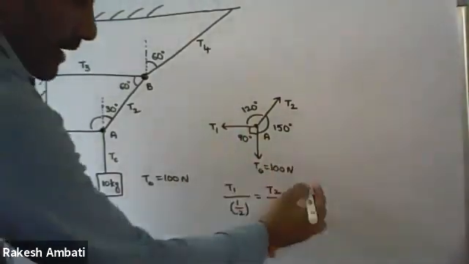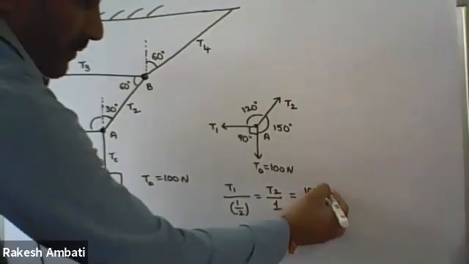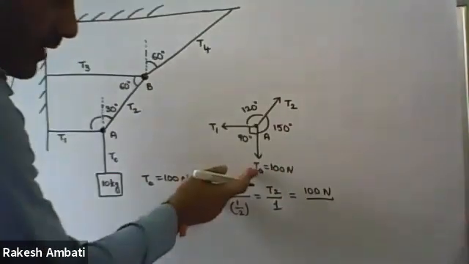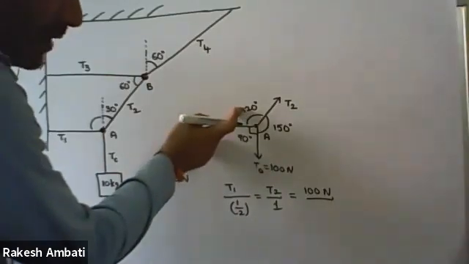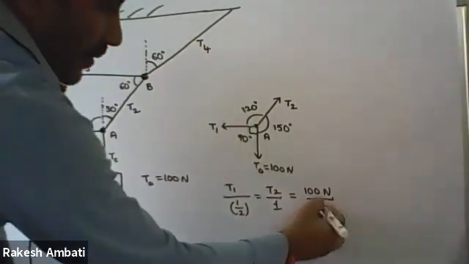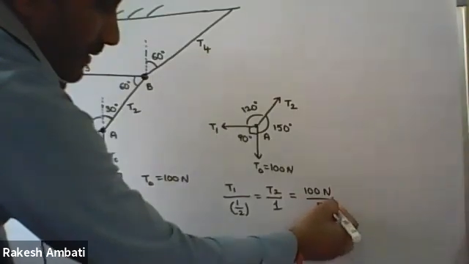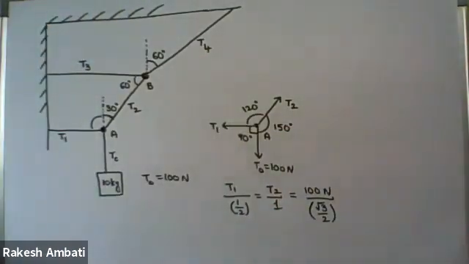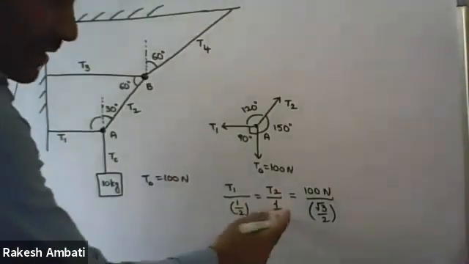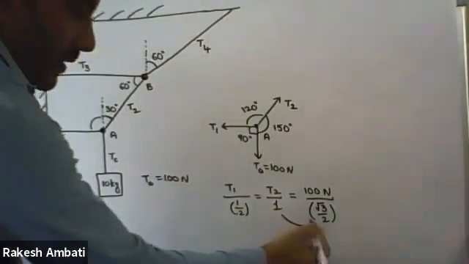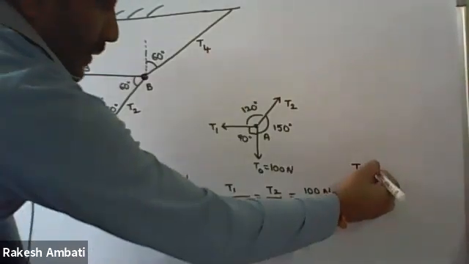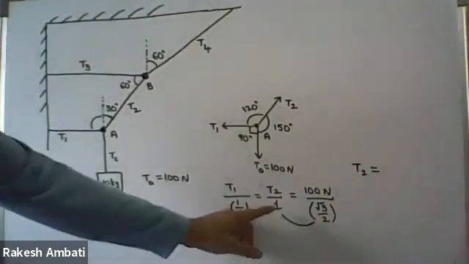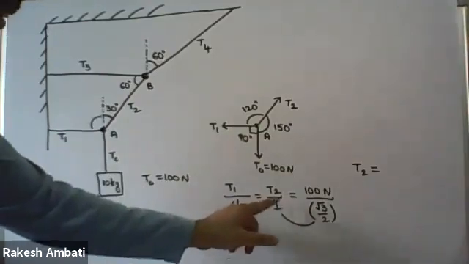Next force 100 newton, so T naught 100 newton. For this T naught, the opposite angle 120, sine 120 root 3 by 2. So from here, if we equate these two terms, what is the value of T2 we get?